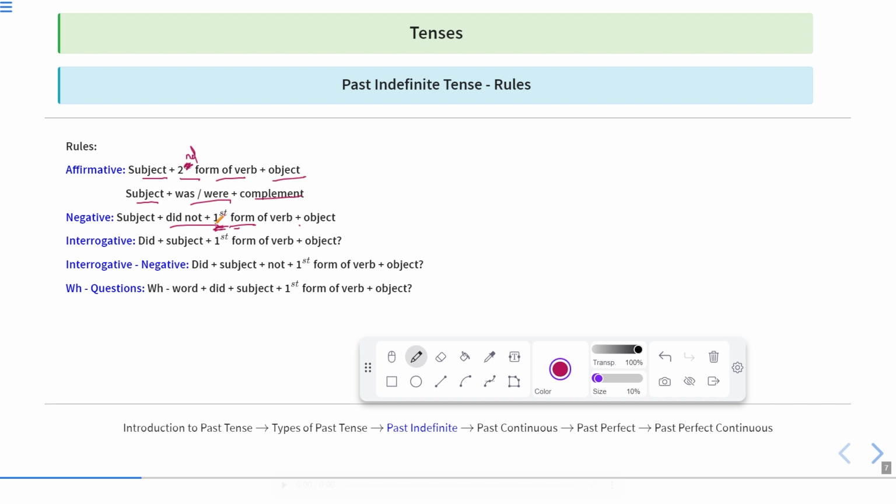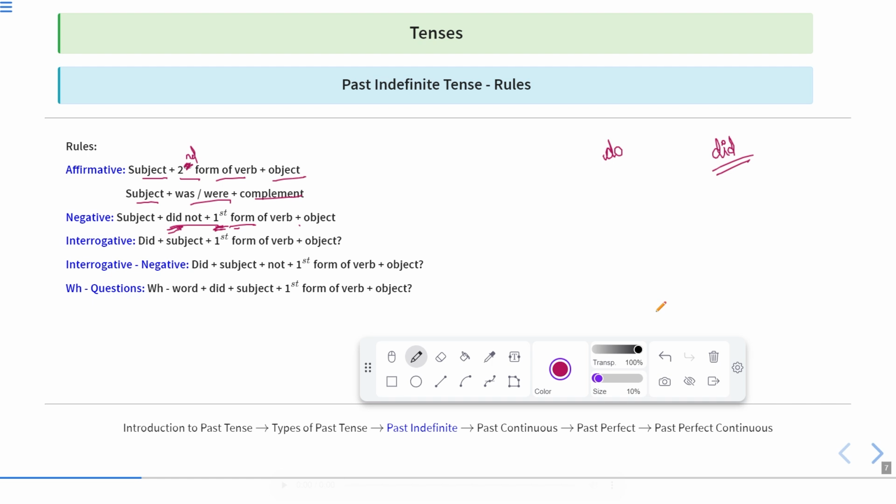After did, we will only have first form of verb. Only in the affirmative sentence will we have the second form. Otherwise, in the negative, interrogative, and the rest of the types of sentences, we will have the first form of verb. Why so? Because we have already converted did, which is the past of do. Do is the first form, does is the singular form of it, and did is the second form.